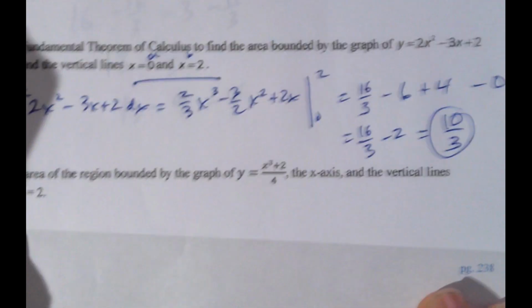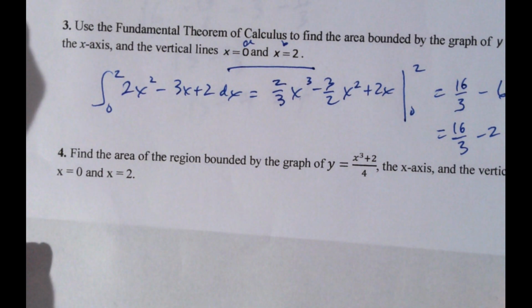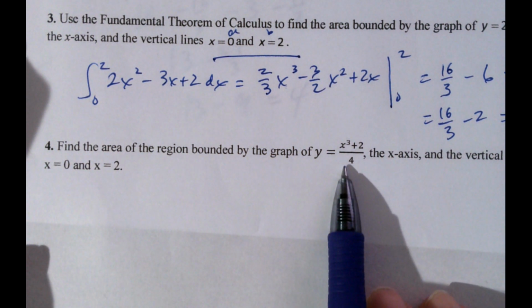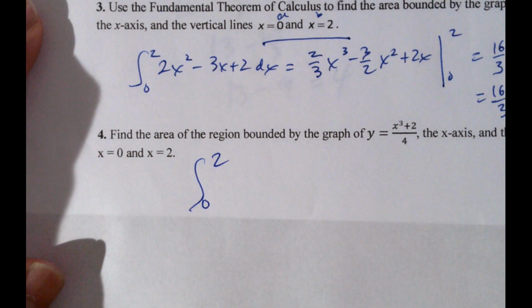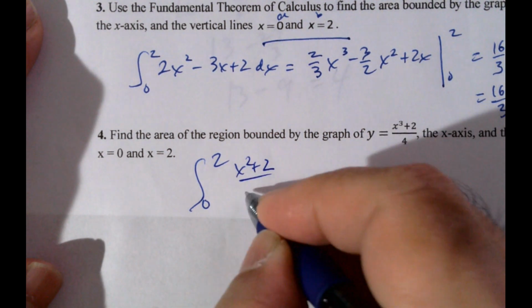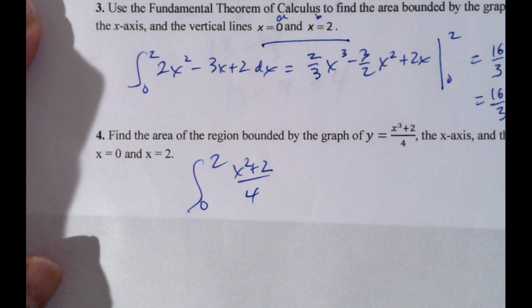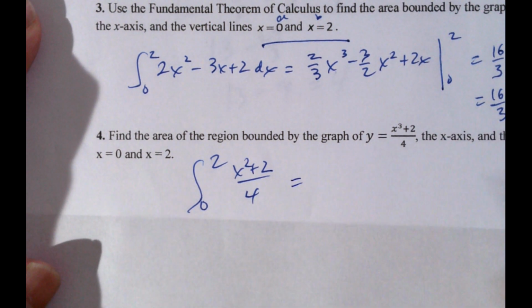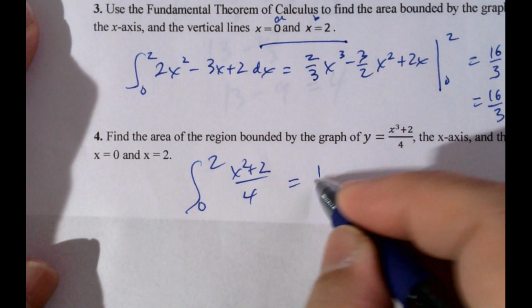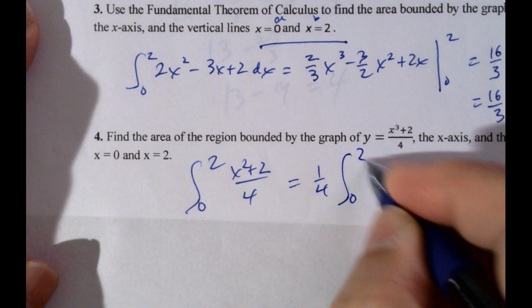All right. And let's see. Number 4 is basically the same thing. We're going to go from 0 to 2 of x squared plus 2 over 4. Okay, so that's the same thing as 1/4, 0 to 2 of x squared plus 2 dx.